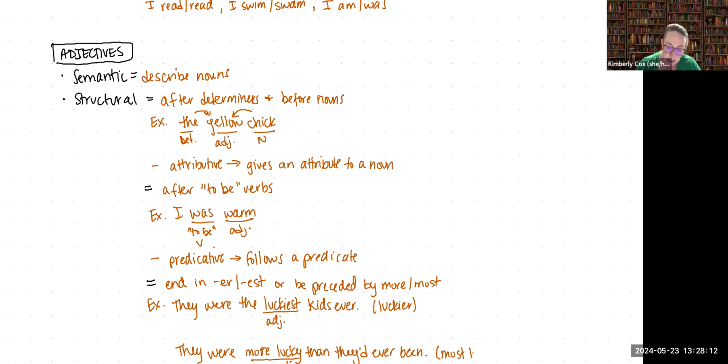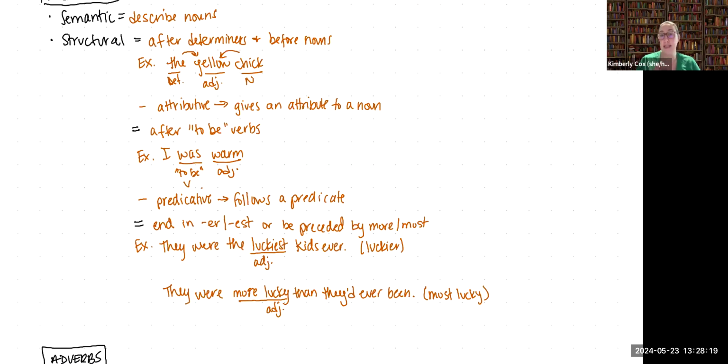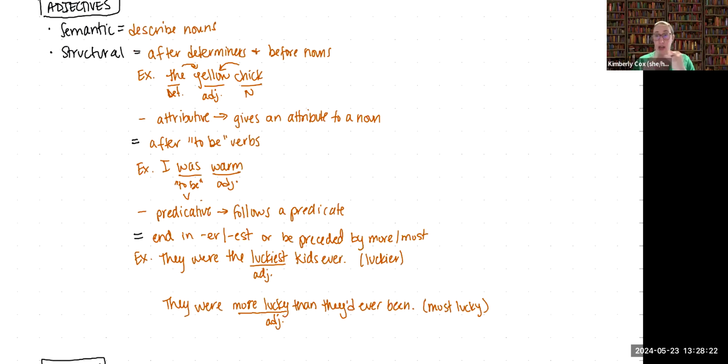Like they were the most lucky kids I ever knew. So when you're talking about testing, I can do luckier, luckiest, more lucky, most lucky, right? So that tells me that it is in fact an adjective. And this type of adjective is called a superlative. And what that means is that it allows for comparison to be made or established.